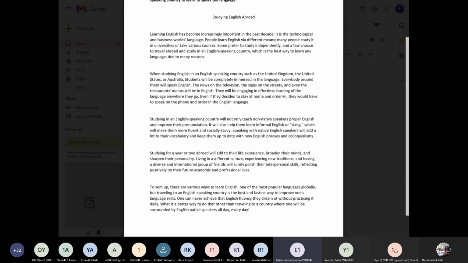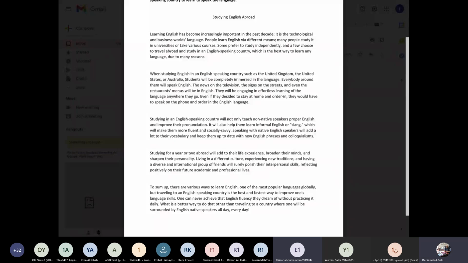In the introduction, the promise was about the English-speaking countries, meaning traveling abroad to study English. Also, she mentioned that it's the best way, and then in the body paragraphs, she, I don't know if she or he, mentioned all the reasons.